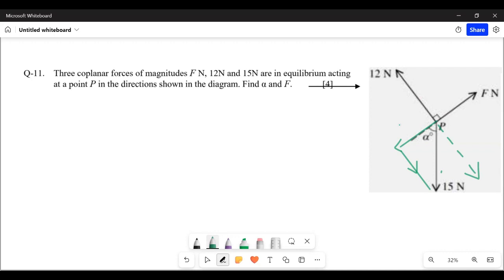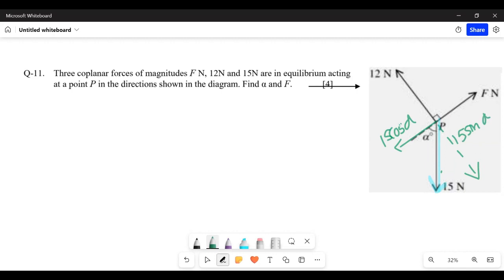So it's a lot easier to just resolve one force instead of resolving 12 Newton and F Newton into horizontal and vertical components. Now if you resolve the 15 Newton force, this one is going to be 15 cos alpha because it's the adjacent component, and this one is going to be 15 sine alpha because it's the opposite component.